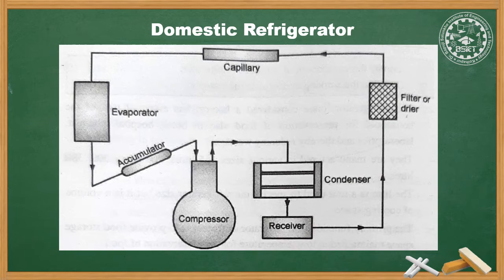The condensate is allowed to pass through a small diameter, say 0.5 to 5 millimeter, copper tube, the capillary tube, so that pressure and temperature are lowered. The capillary device acts as a throttling unit and controls the mass flow rate of the refrigerant. The pressure of the refrigerant when it leaves the capillary is maintained above atmospheric pressure. The dryer or strainer removes moisture or impurities from the refrigerant.